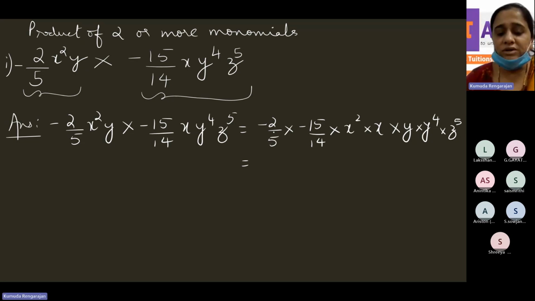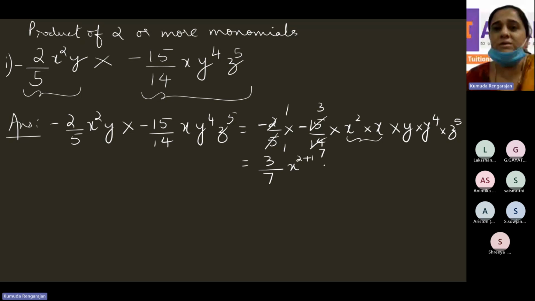So now you can simplify. 5 ones are 5, 3 fives are 15, 2 ones are 2, 7 twos are 14. So minus into minus is plus. 1 into 3, 3, divided by 1 into 7, 7. And how do you multiply x terms? X to the power 2 plus 1, because when bases are the same and it's multiplication, we add the powers.